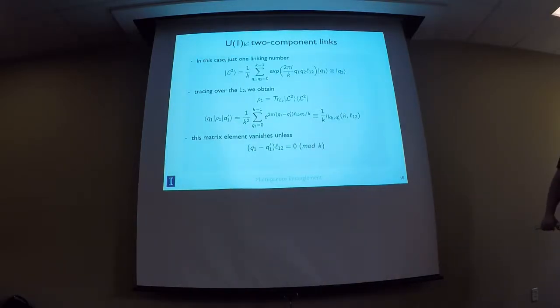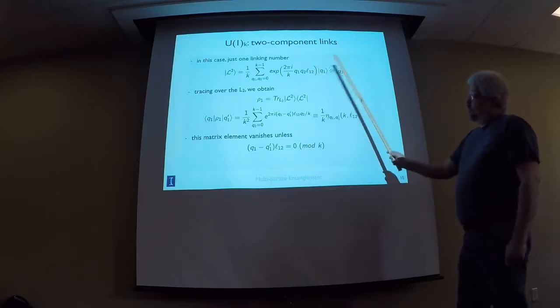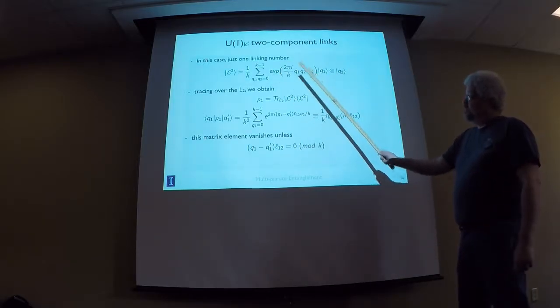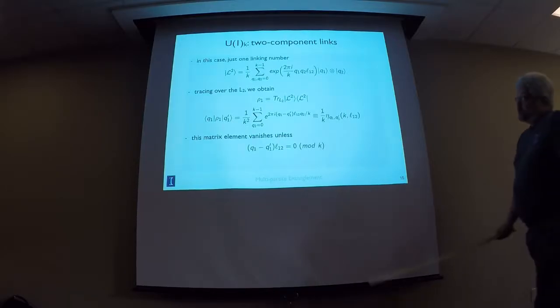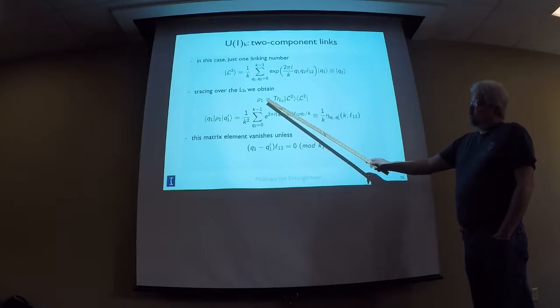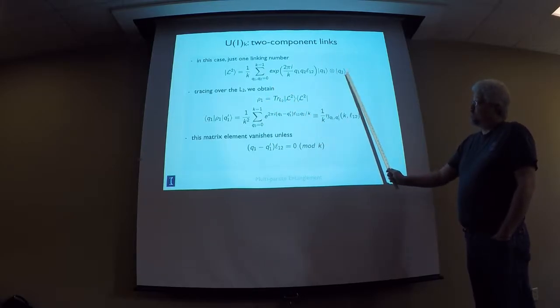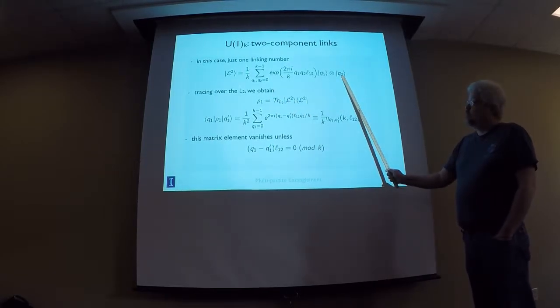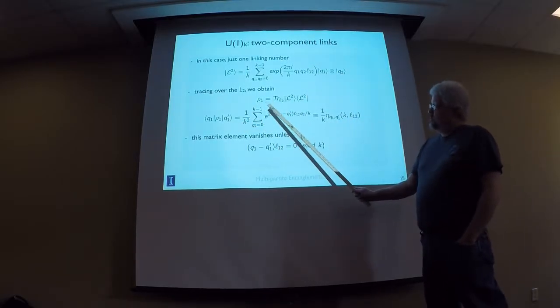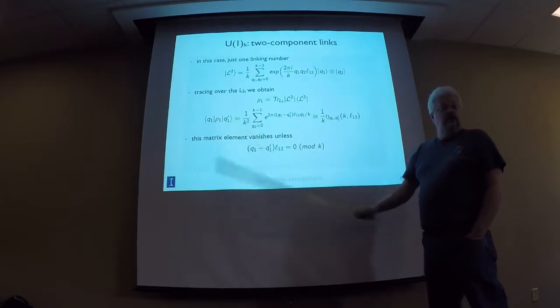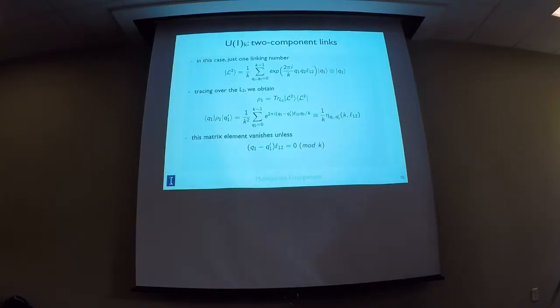Let's start with the simplest thing, where you have two components that are linked, so two loops, called 1 and 2. The state then just depends on the linking number of those two components. I construct, for example, a density matrix by tracing over the second one. That gives me a density matrix in the 1 Hilbert space, and here are the matrix elements of that.